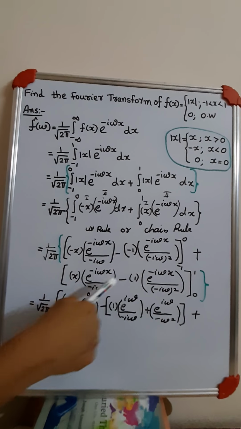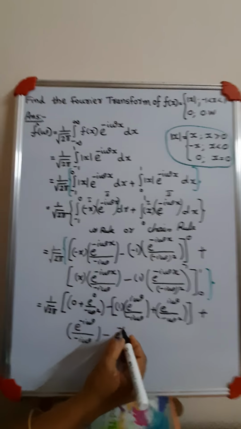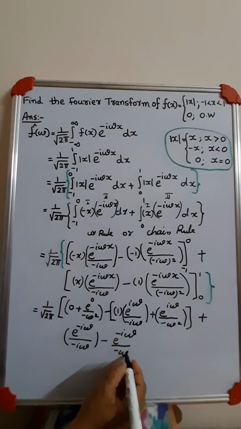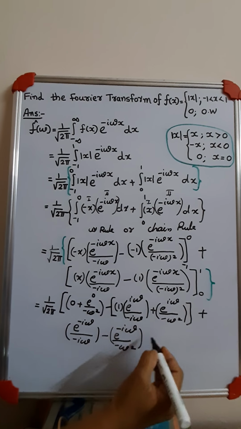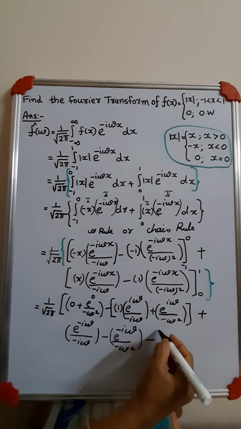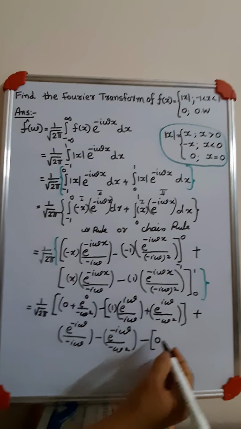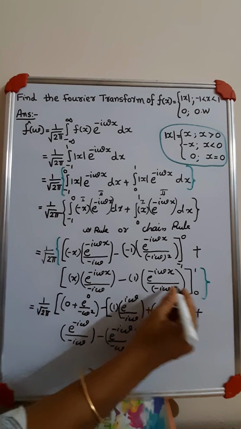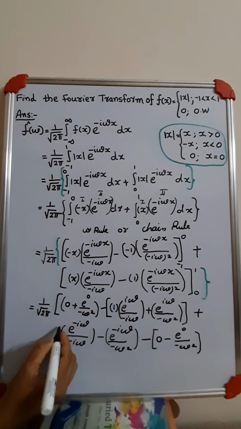Then minus e raised to minus of I omega divided by minus of omega square, that is the upper limit minus lower limit. Lower limit, put x equal to 0. First term becomes 0. Second term is minus e raised to 0 divided by minus of omega square.